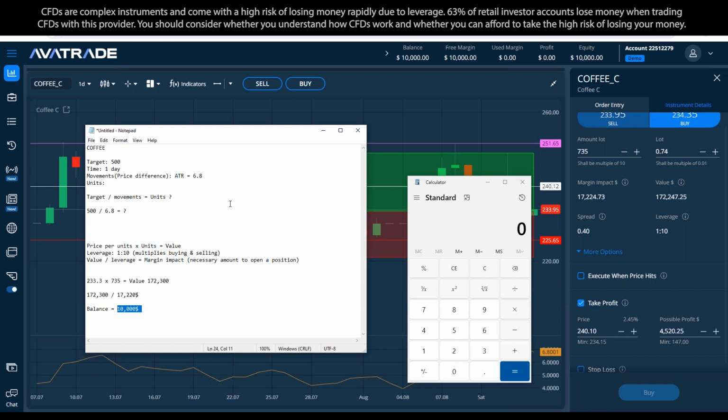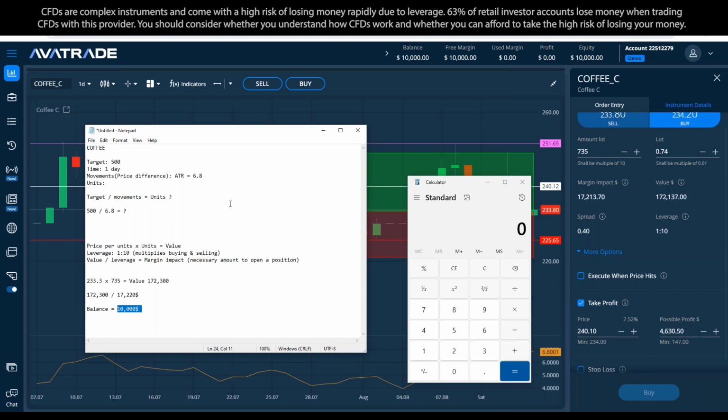That's correct, sir. Who else understand that I cannot take the position because I don't have enough money? Thank you, Maya. Very good, very good. So you guys understand. What I have to do is I have to adjust the target that I want to make, or to take lower lot size, and then I have to expand my movement.